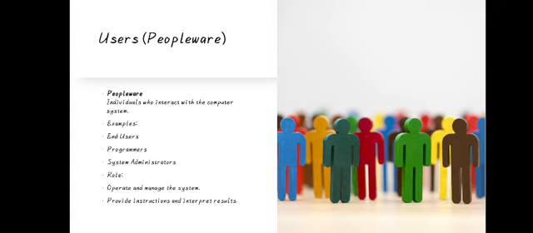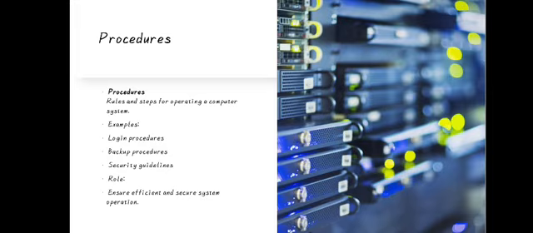These users operate and manage the system. What is the role of the users? To operate the system, manage the system, provide instructions, and interpret the results. These are the people.